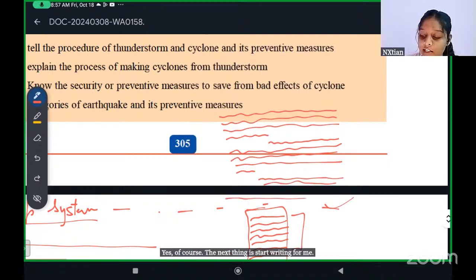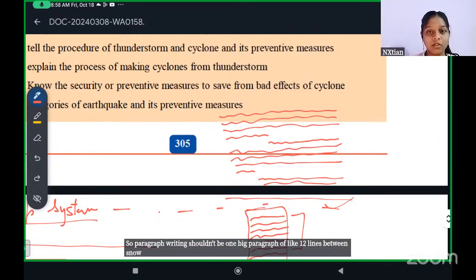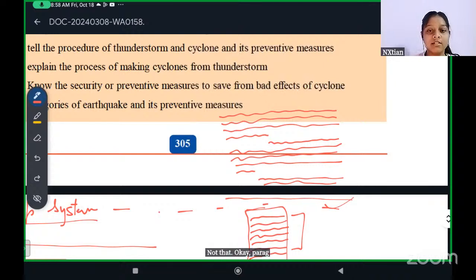So paragraph writing shouldn't be one big paragraph of like 12 lines, 15 lines. No, not that. Paragraph writing is 3 to 4 small paragraphs of 2 to 3 lines.